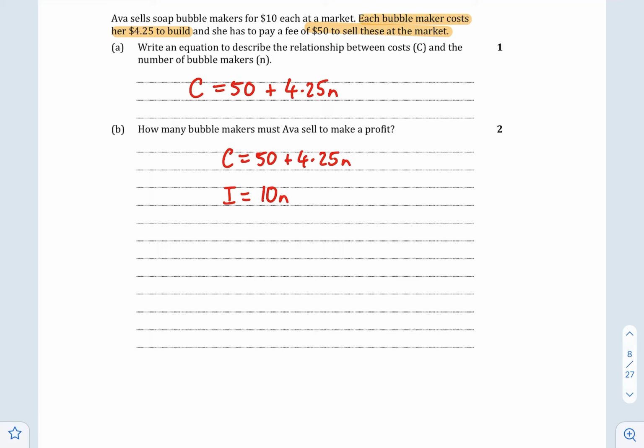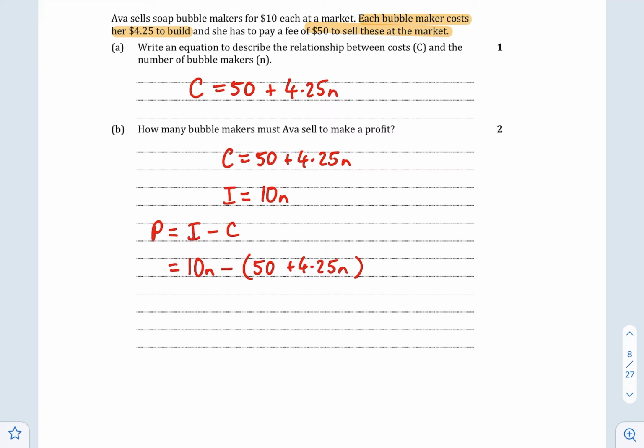Some people use the formula of profit is equal to income minus the cost. So I'm going to do it that way, and then I'll do it a different way, just so you can see some variation. So the income is 10n, and the cost, which you notice I'm using brackets here, is 50 plus 4.25n.